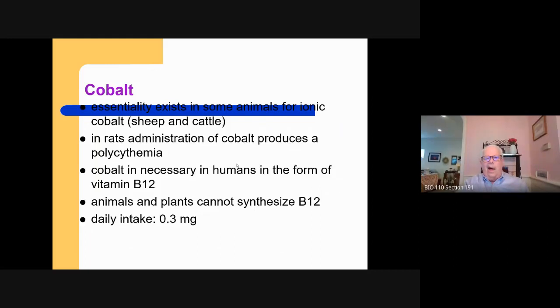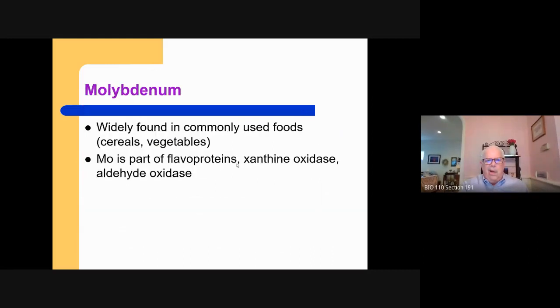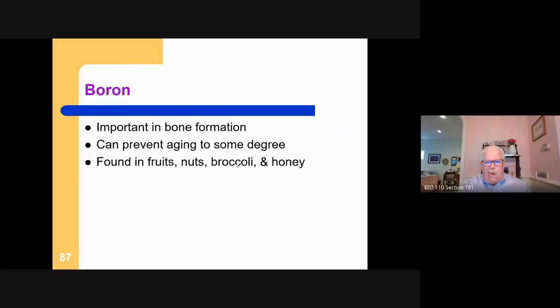Cobalt, the only thing important about cobalt, though I'm not going to ask you any questions on it, is that it is necessary to form vitamin B12. Remember, vitamin B12 is cyanocobalamin. The cobalamin part is cobalt. Molybdenum, hard word to say. I'm not going to ask you any questions on it. Boron, essential in bones. There'll be no questions on it.